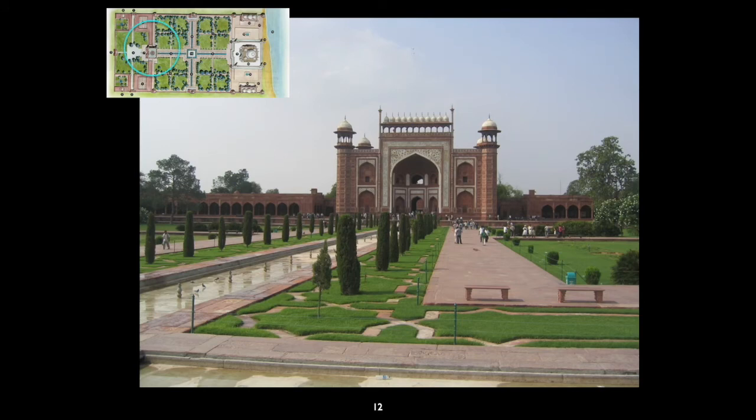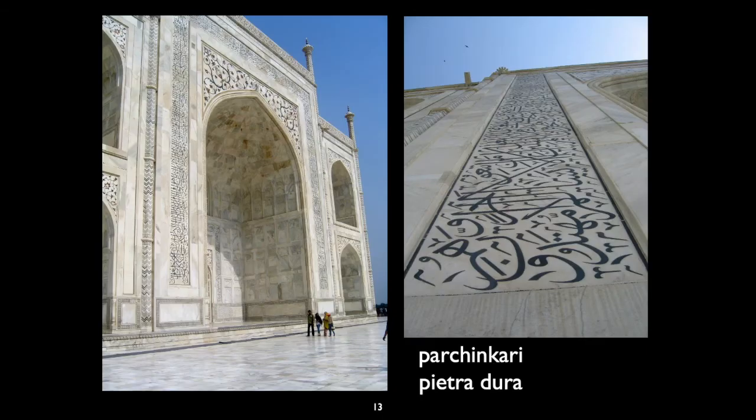It is designed much like the earlier tombs of the Mughals, in red sandstone inlaid with white marble. When you approach the Taj Mahal, it is absolutely overwhelming, its size and its extraordinary detail. If you look at the calligraphy along the opening to the main door, you'll see that it is not painted on, but it is in fact inlaid semi-precious stone.